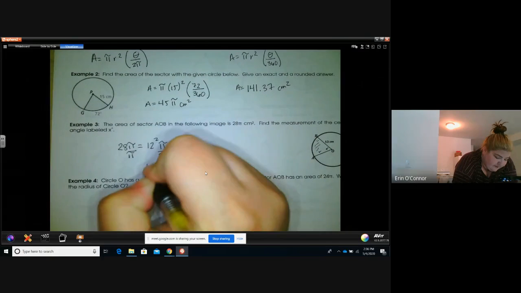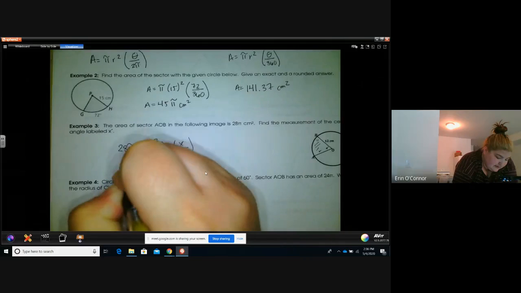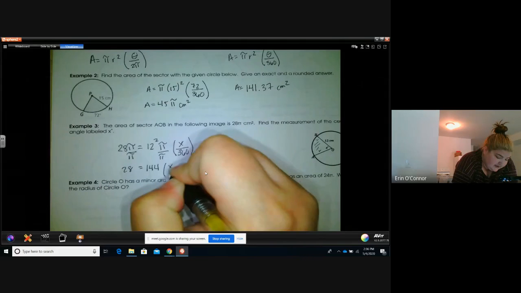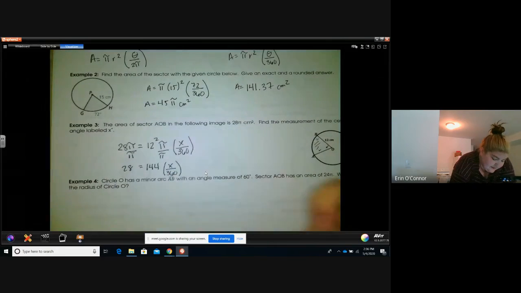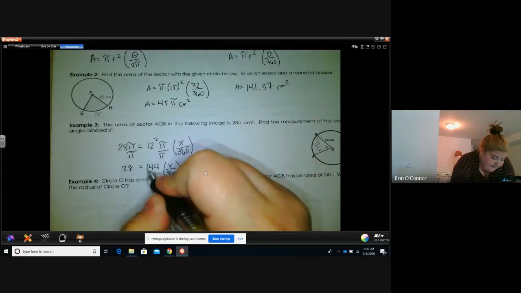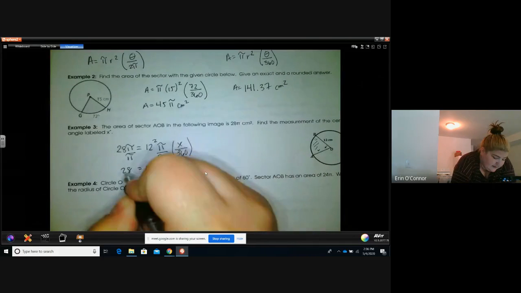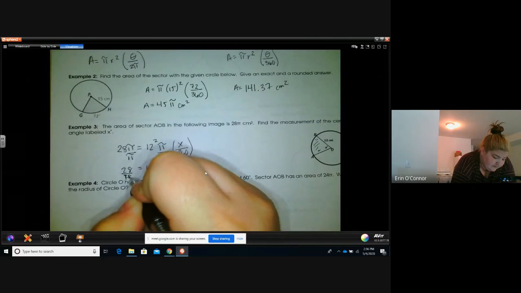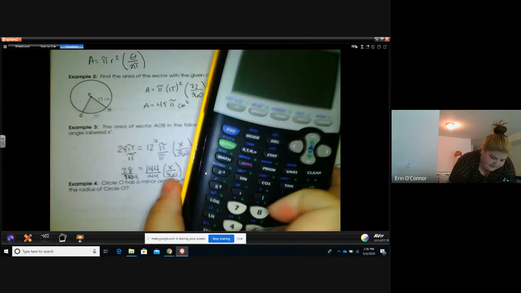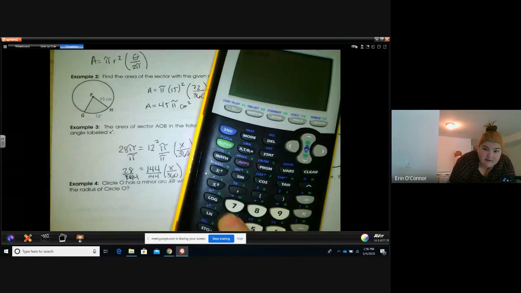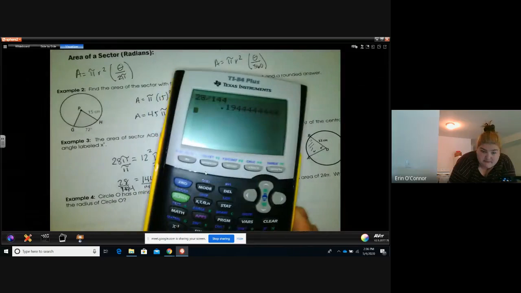12 squared is 144 times x over 360. I can divide by 144. So 28 divided by 144 is a repeating decimal, so I'm going to make it into a fraction.